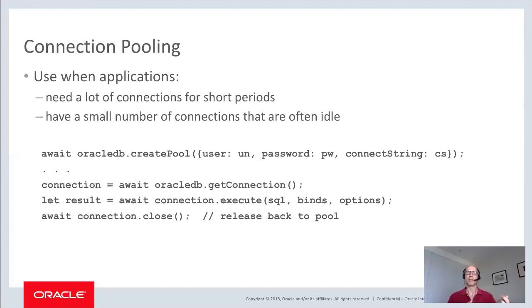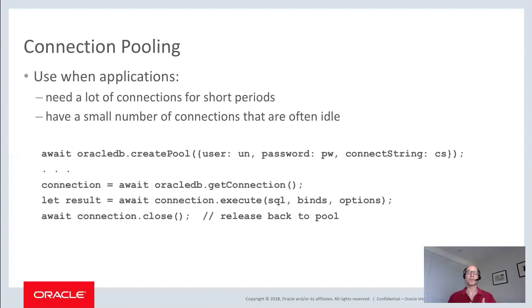It does some kind of database work and then just sits there, maybe waiting for some user input. What we would recommend in that case is to use a connection pool of size 1, and when that application is idle, you would close the connection, so you'd put it back into the connection pool. Then when it wants to do some database work, it would get a connection from the pool again.